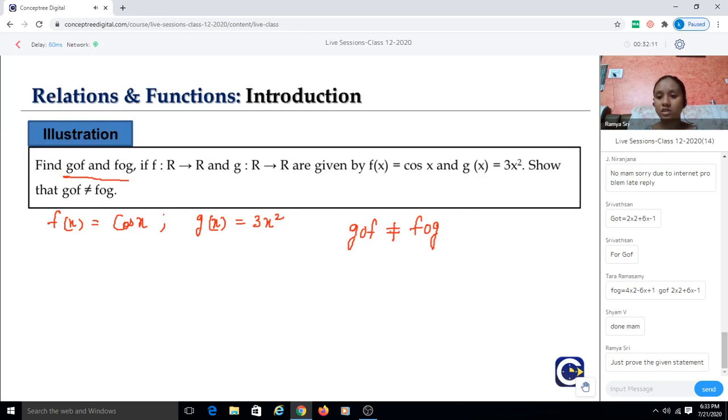As we solved our previous question, we have to follow the same methodology here and find our f of g as well as g of f.